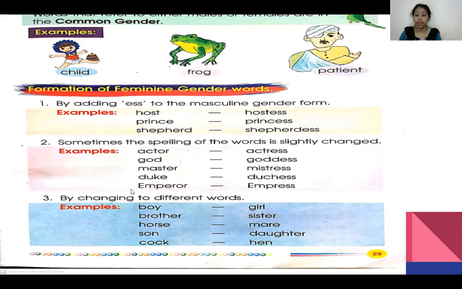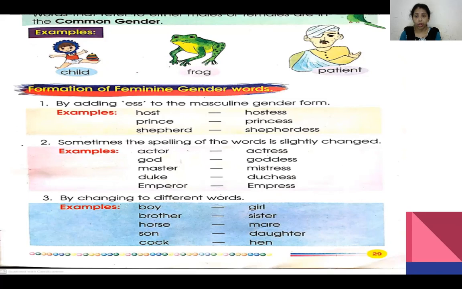Okay. Now I will move towards the third rule. In English grammar, we can change the gender from masculine to feminine by using the opposite word. Like boy, girl. What is the opposite word of boy?